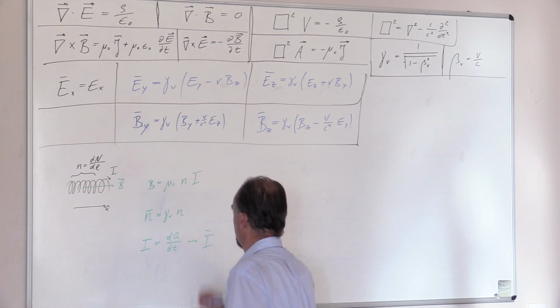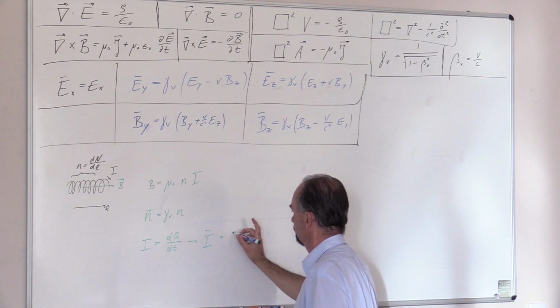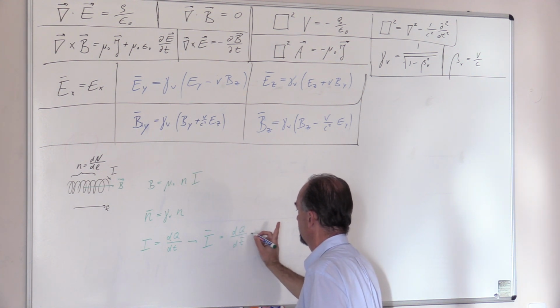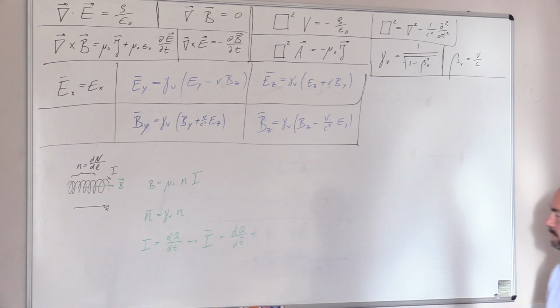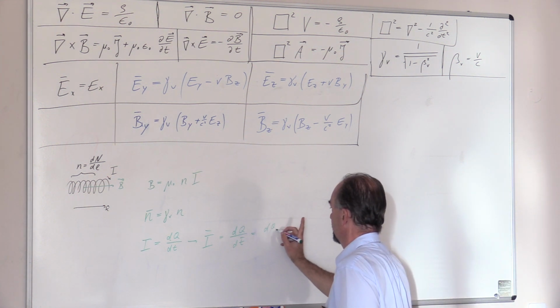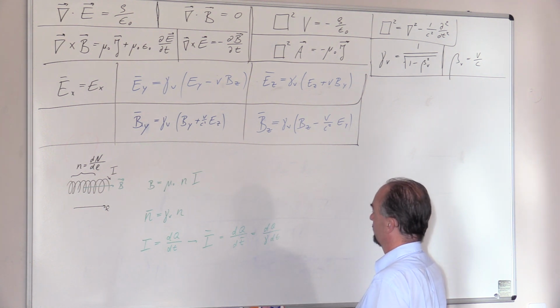So in a moving frame, I bar, charge will stay the same over the t bar. And what happens to t bar? There's time dilation, right? So the time in the moving frame will actually be time dilated, gamma dt, right?